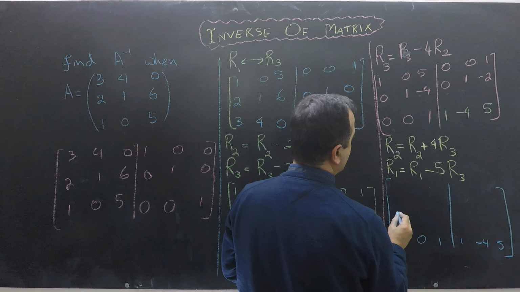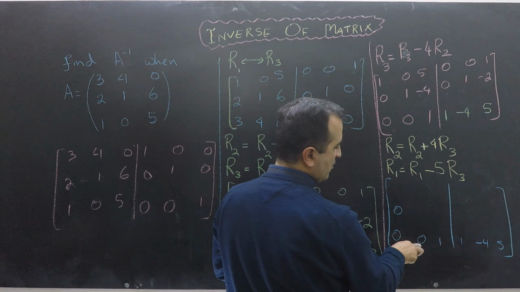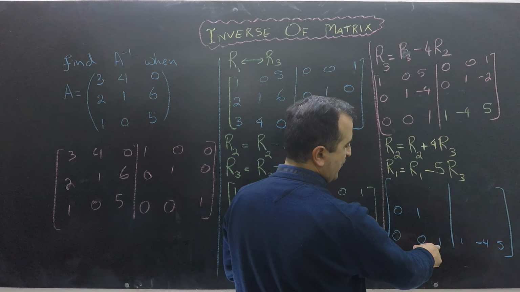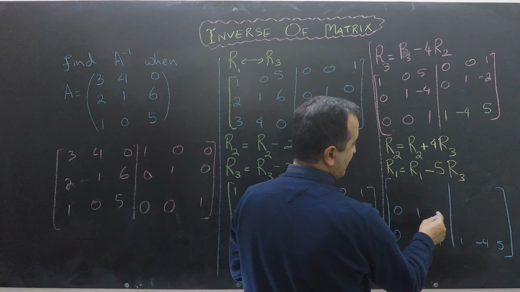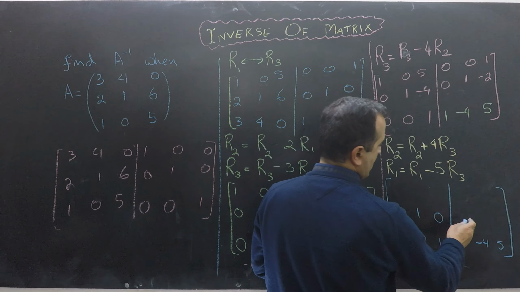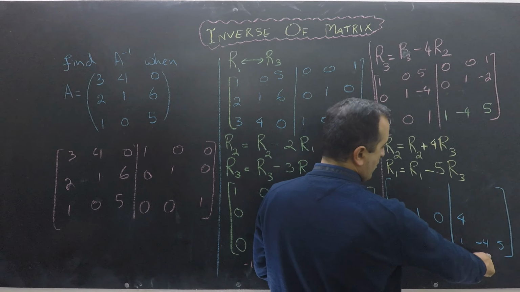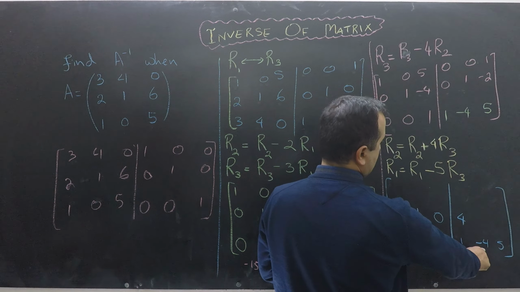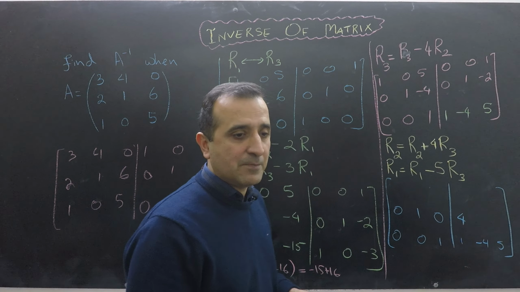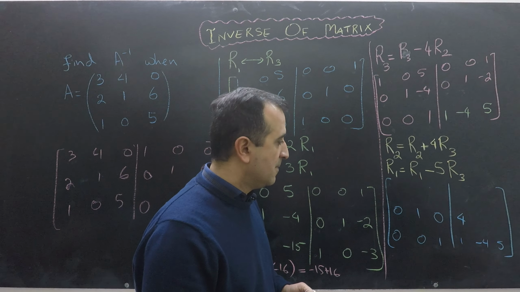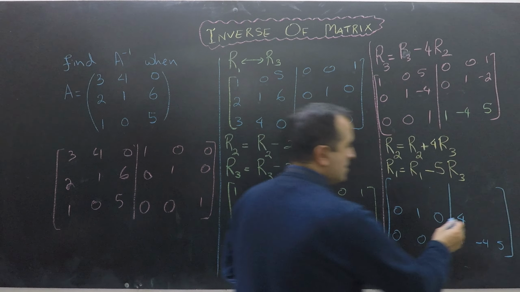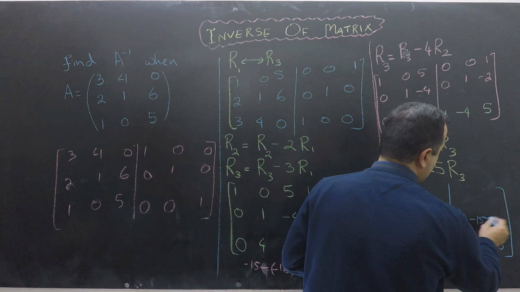So that means we have 0 here, and 0 times 4 doesn't make any difference, so 1 will remain here. Now we multiply this by 4, it will become 4, and then it will become 0. Now multiply this by 4 and we add here, it will become 4. Multiply this by 4, it will become minus 16. We add minus 16 to 1, so minus 16 plus 1 is going to be minus 15.